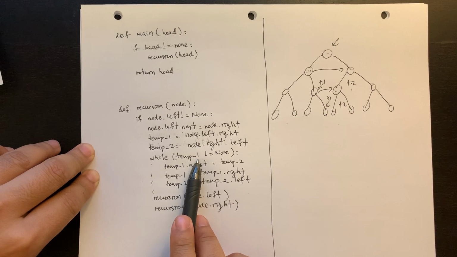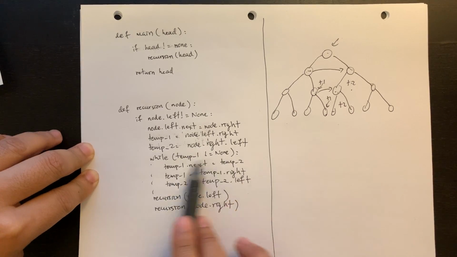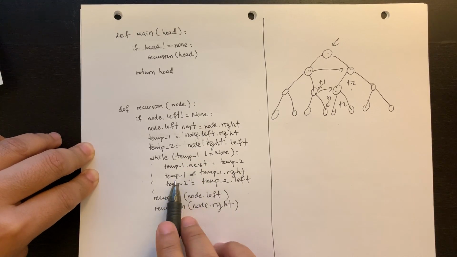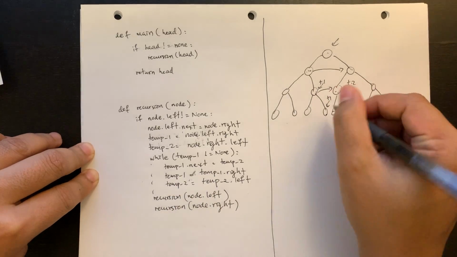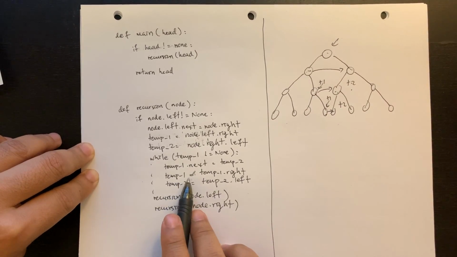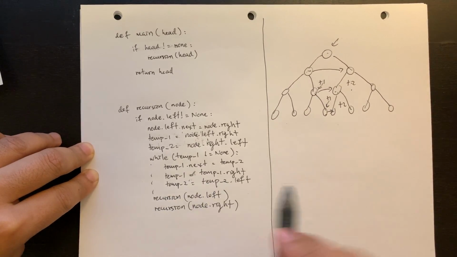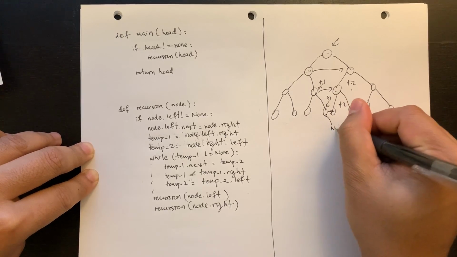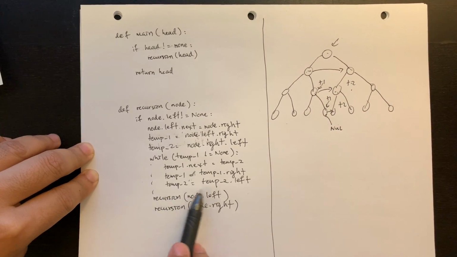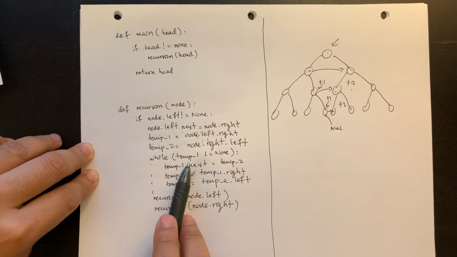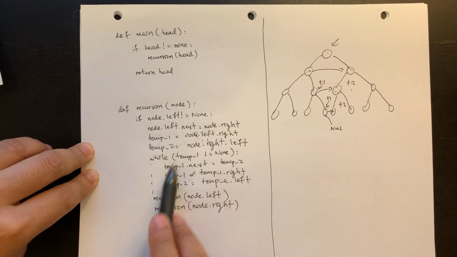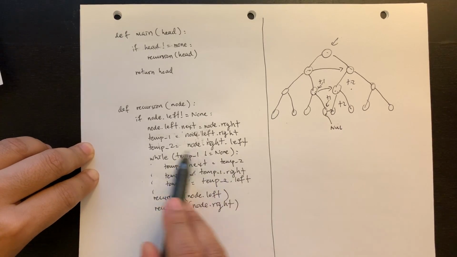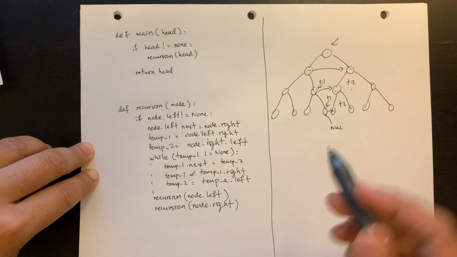So temp1 is not null, it's not none. We want to connect temp1 with temp2, so connect right here. And then we update our temp1 to temp1.right, which is right now here. And we go back to the while loop. Since temp1 is null, we break this while loop, and then we replace node.left.